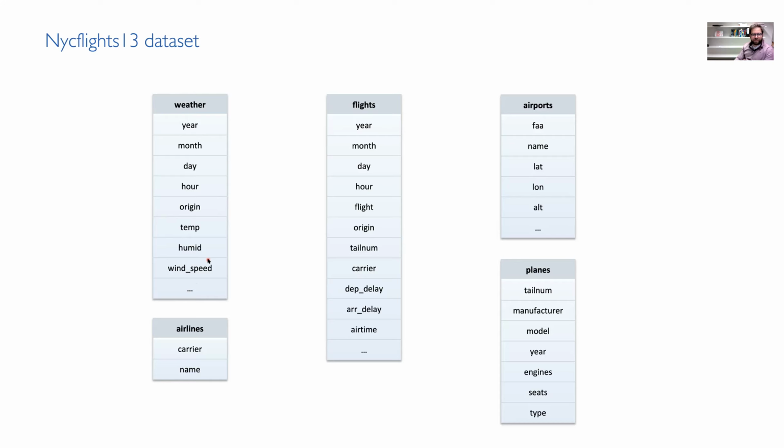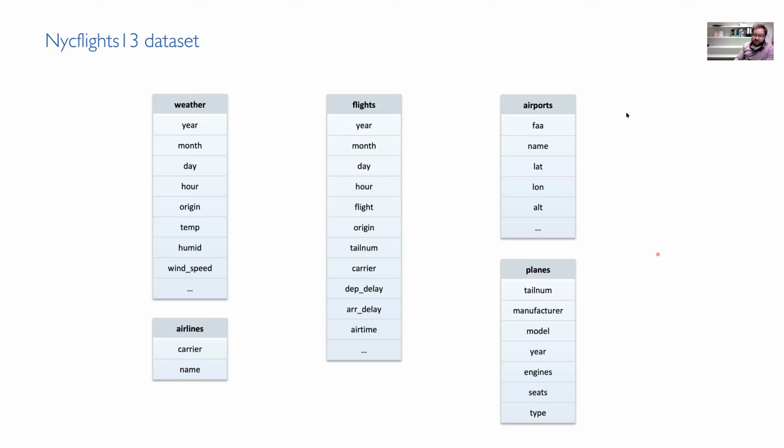and at a certain time. Now we have information about the planes. We have this tail number that identifies the planes, and then we can also download some information about these airplanes. We can, for example, look at what manufacturer the airplane was made by, the model, the year this airplane was built, the number of engines, the number of seats, the type of airplane, and so on.